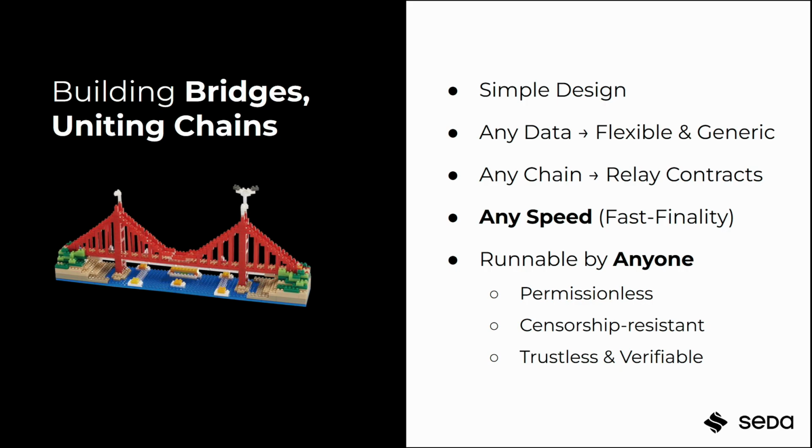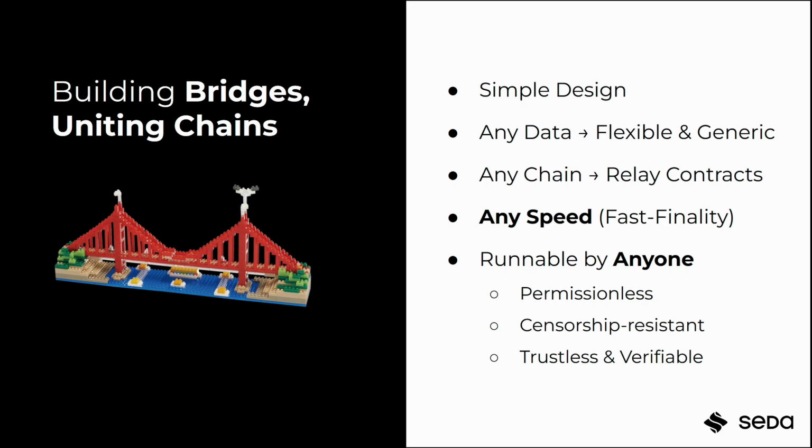It means these bridges should support any data, which, thanks to the WASM binaries, should be flexible and generic. They should be able to be on any chain that is smart contract capable, thanks to the relay contracts. And in the same way, we need bridging mechanisms that allow us to have really fast finality.